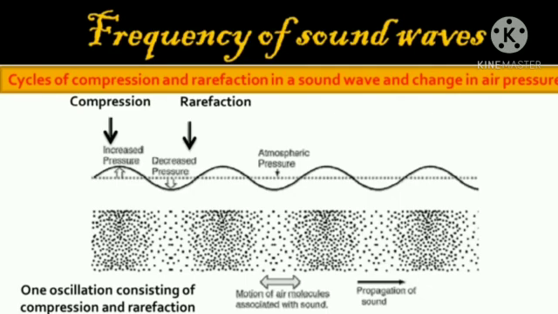Understood now? One compression and one rarefaction together form one cycle of the wave, and the number of such cycles produced in the air per second is called the frequency of the sound wave.